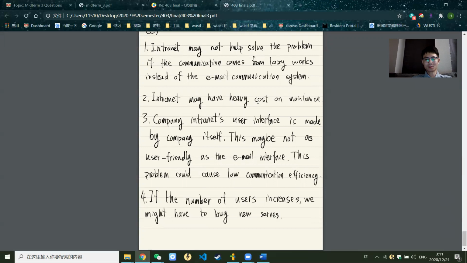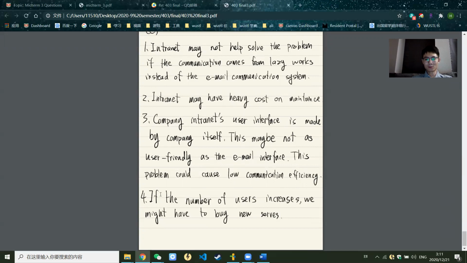And the third problem is that the company uses the internet and builds the user interface themselves. So if users cannot get used to it, or the interface is not as good as the email interface, then it may lower the communication efficiency.